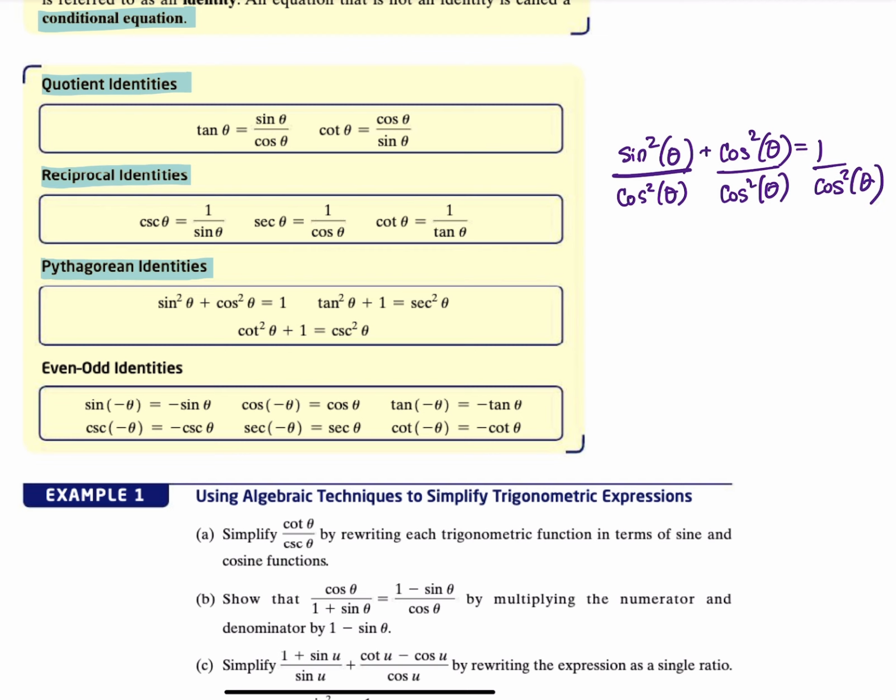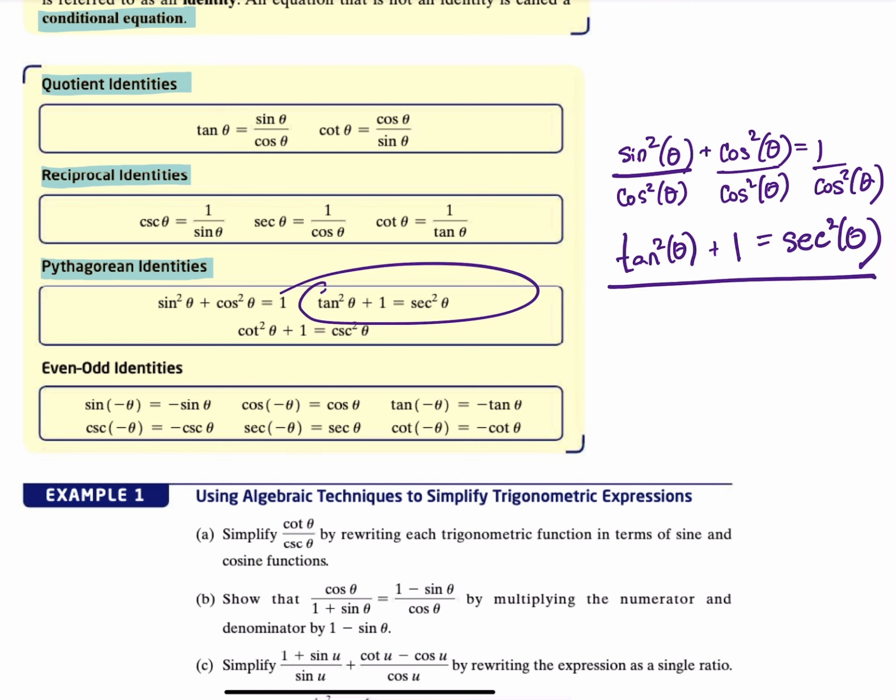Sine over cosine is tangent, so that gives us tangent squared. Our second term, cosine squared over cosine squared, just cancels, so tangent squared plus 1. And then 1 over cosine is the secant, so 1 over cosine squared would be the secant squared. So we get another Pythagorean identity, the one that's shown here. We can say tangent squared equals secant squared minus 1.